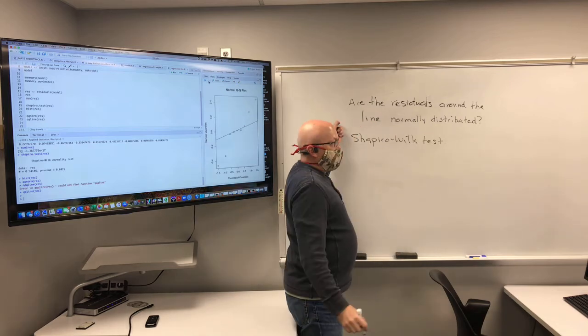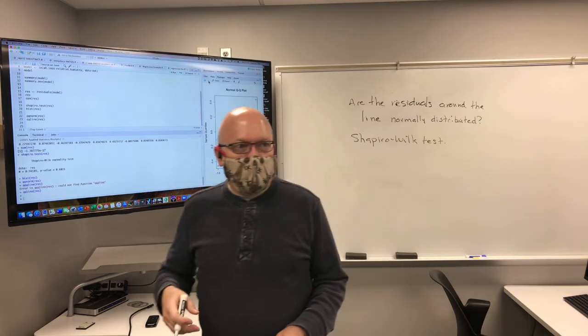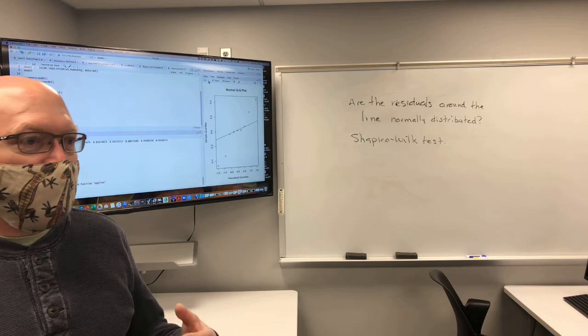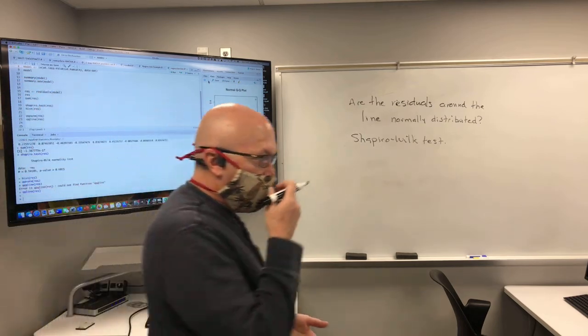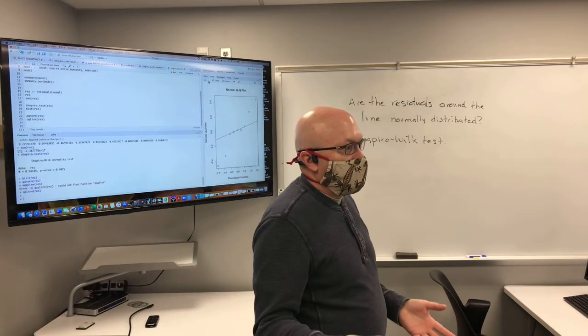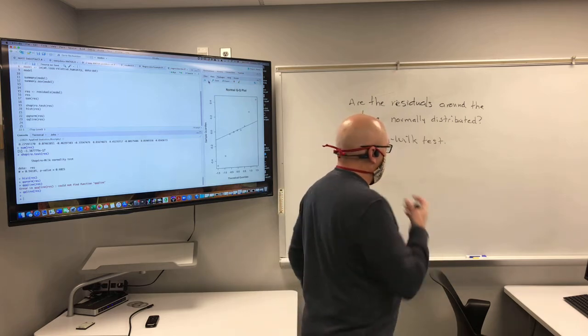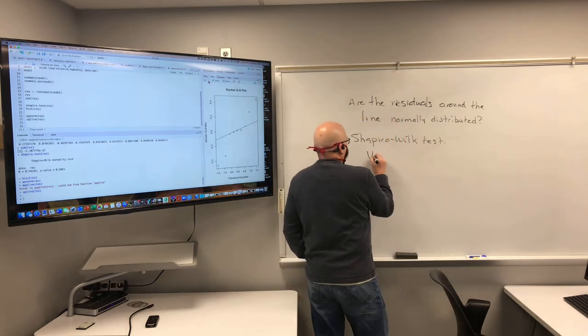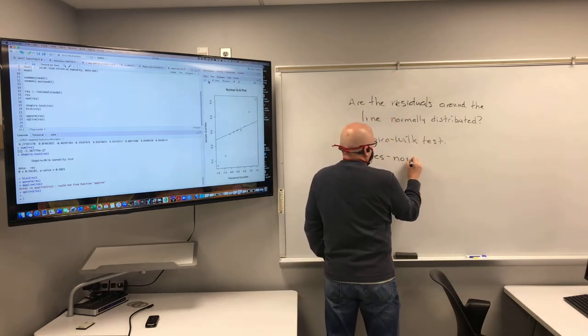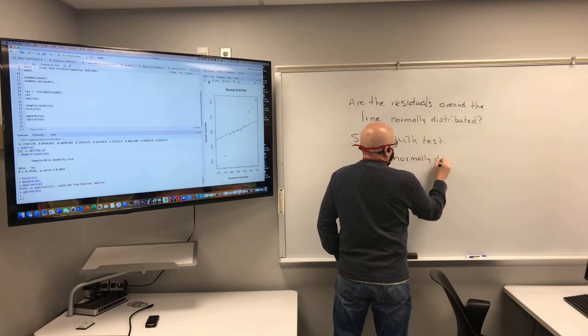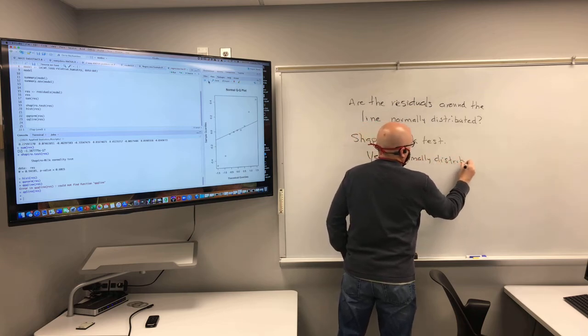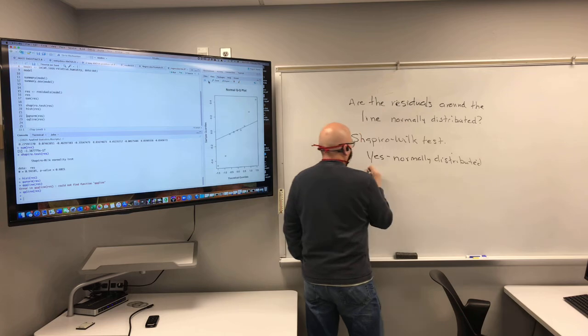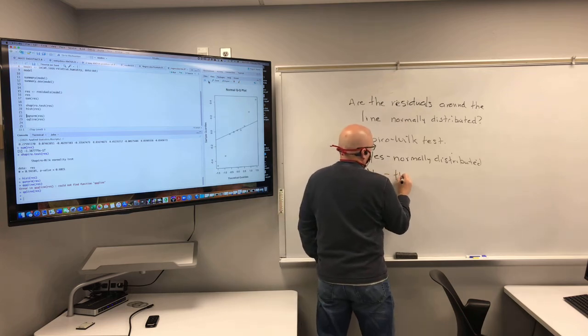So if this is your question, are the residuals around the line normally distributed? You go and look for that answer using the Shapiro-Wilk test. The Shapiro-Wilk test can give you one of 3 answers. Yes, they are normally distributed. No, they are not.